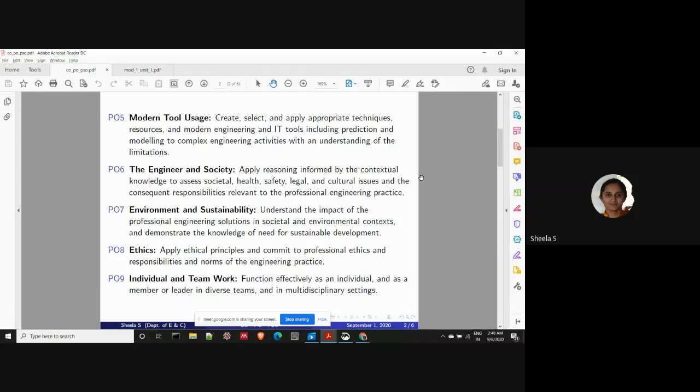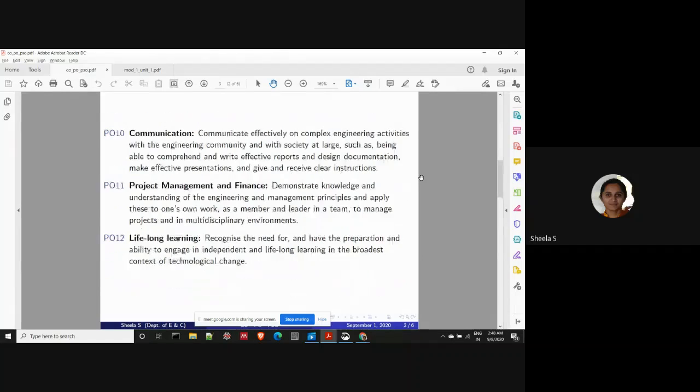To do this analysis we need either a team, or we can do it individually through surveys and so on. And the tenth one is communication.